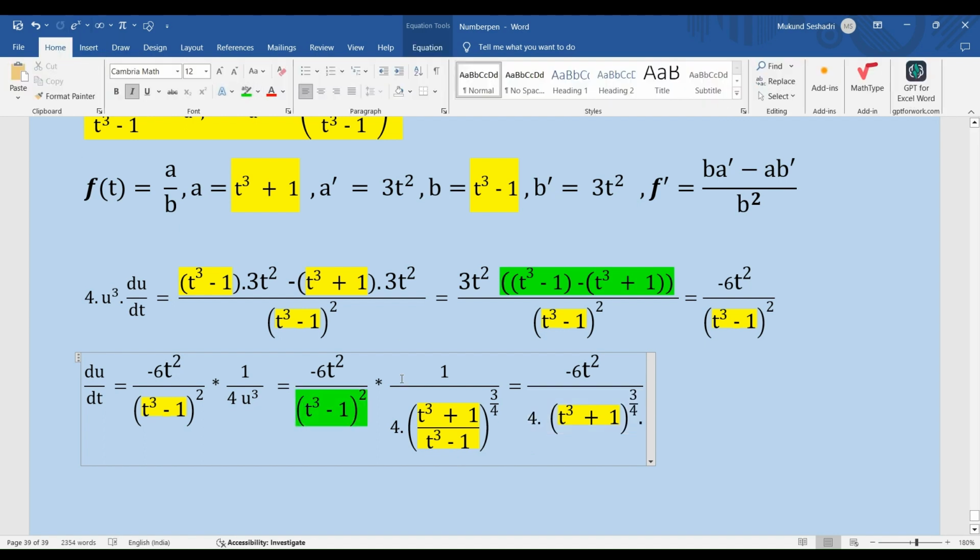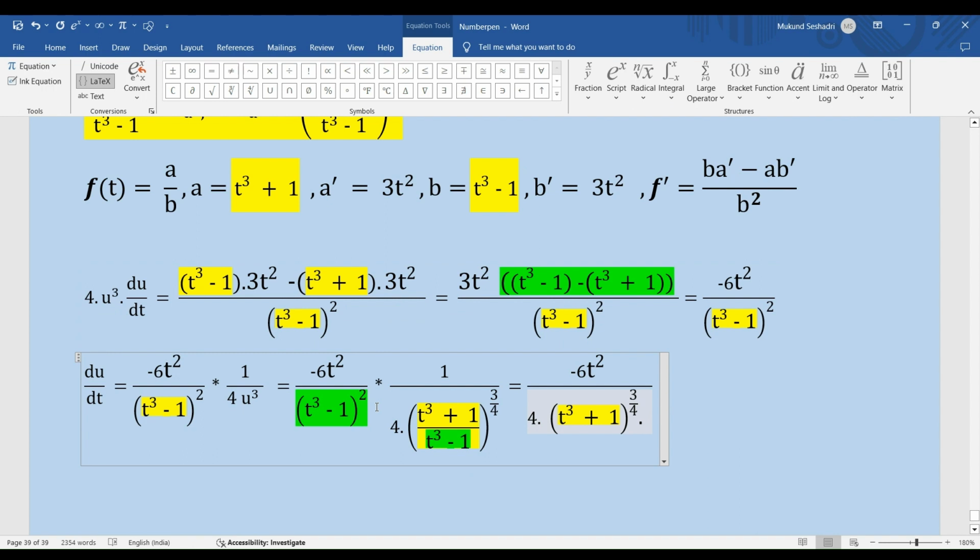Let me highlight it in green. And then I have a t cube minus 1, the whole power 3 by 4 here, right? So I can write this out as t cube minus 1, the whole power 2 minus 3 by 4, right?